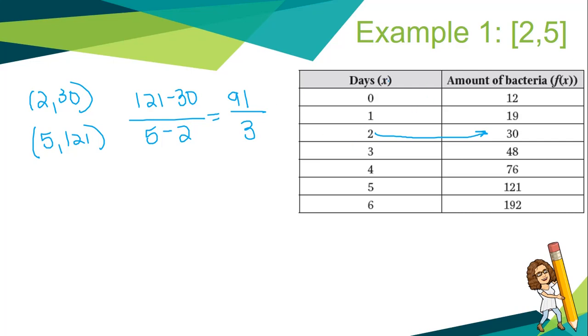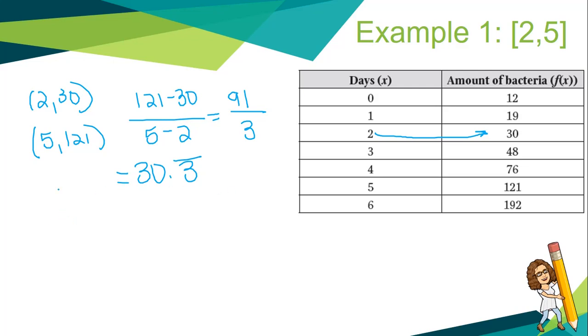And 91 divided by 3, that does not come out nice. That would be our rate of change, but I'm going to write it as a decimal as well: 30.3 repeating.